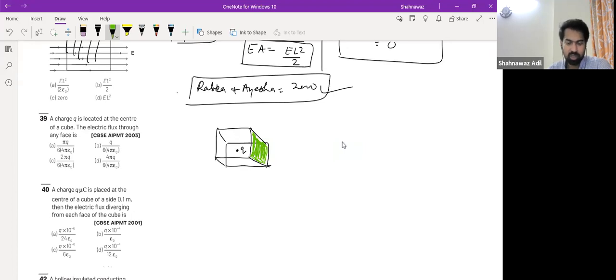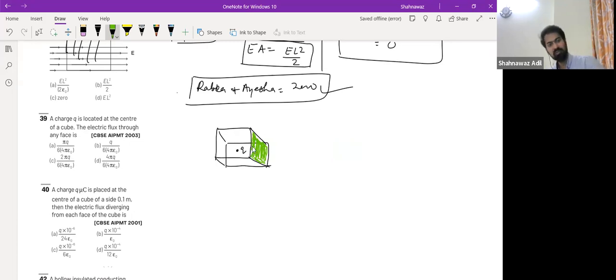Q by how many epsilon naught? 8 epsilon naught. 8. So we are talking about the faces. We are talking about one of the faces, this one.